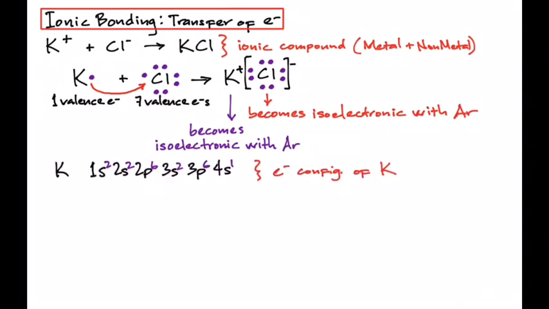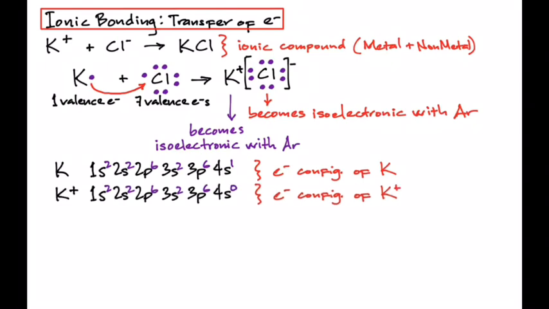So let's take a look at the electron configuration for the potassium atom. Okay, a neutral potassium. As you can see here, it's 1s2, 2s2, 2p6, 3s2, 3p6, 4s1, for a total of 19 electrons. What about for the potassium ion? For the potassium ion, you remove 1 electron from the outermost shell.